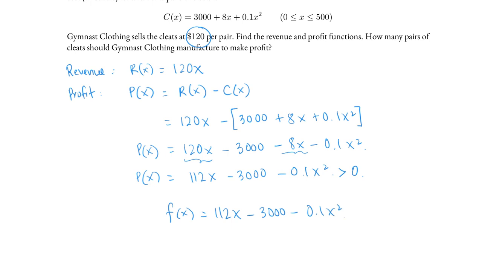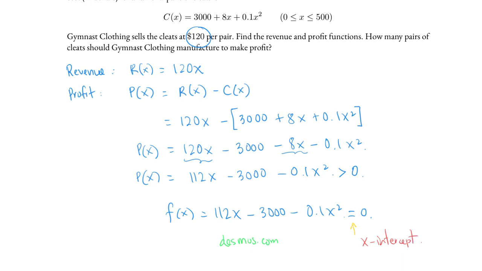This is a quadratic equation, so we can solve it using the quadratic formula, but there's no need to. We're going to use the calculator to do this. Using a graphing calculator such as desmos.com, we type f(x) = 112x - 3000 - 0.1x², and since this equals 0, we will look for the x-intercept.